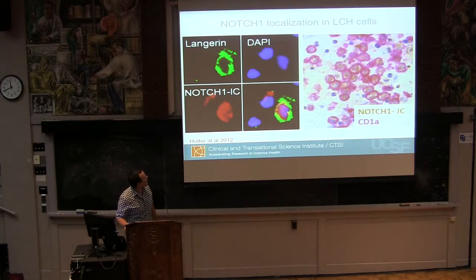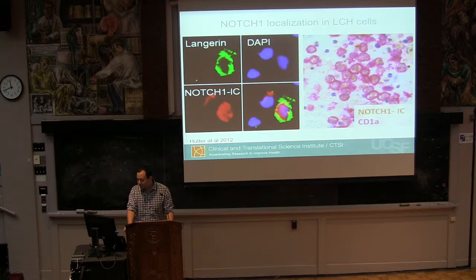Then they did some staining, which was really pretty, so I put it here. Langerin, this is CD207, so you expect to see it as a marker. And here's Notch, and if you look at the overlay, it's intracellular, again this is IC. It's the same thing over there with CD1a, which is the other surface marker that we use for Langerhans cell histiocytosis.